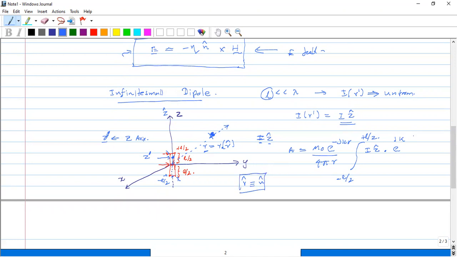But anyway, here we put that as n hat dot r dash, that means this position vector. What is that? That is actually z bar.